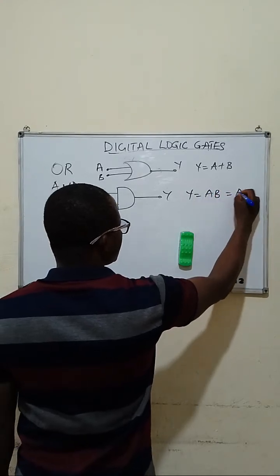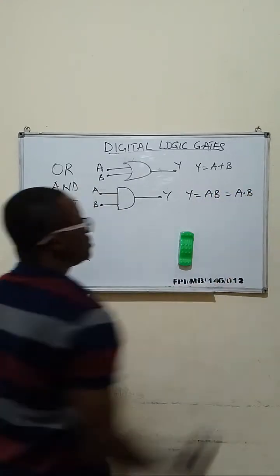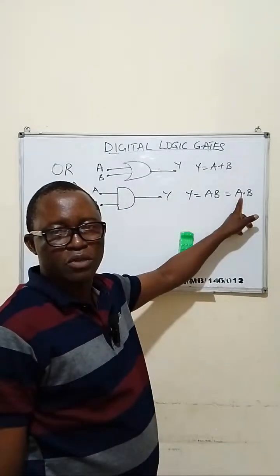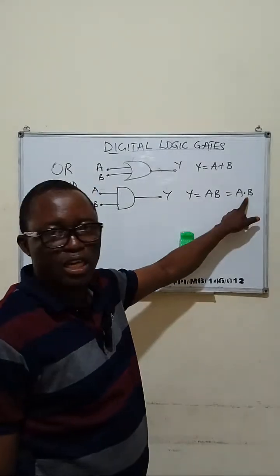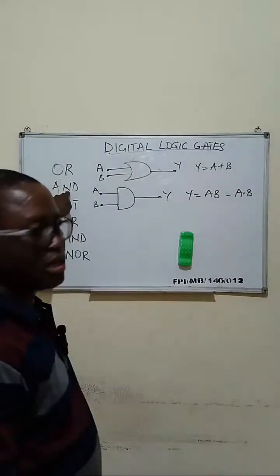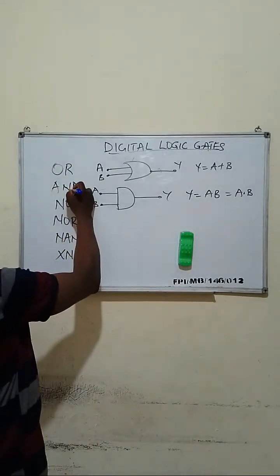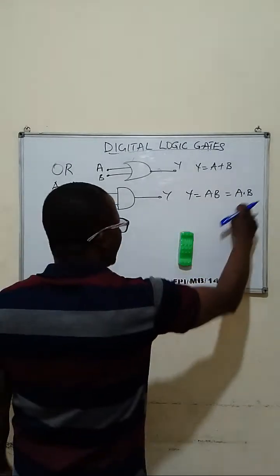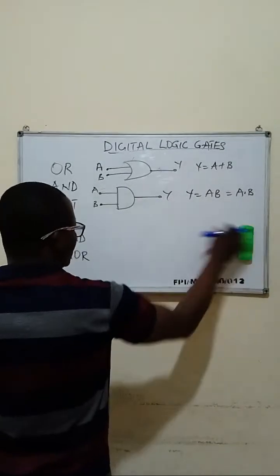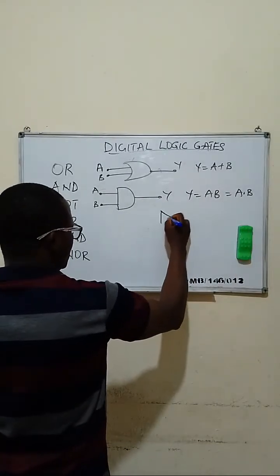Or sometimes you see it in textbooks as A dot B. It is not mathematical or arithmetic multiplication. It is a logic multiplication, which stands for AND. So A and B.